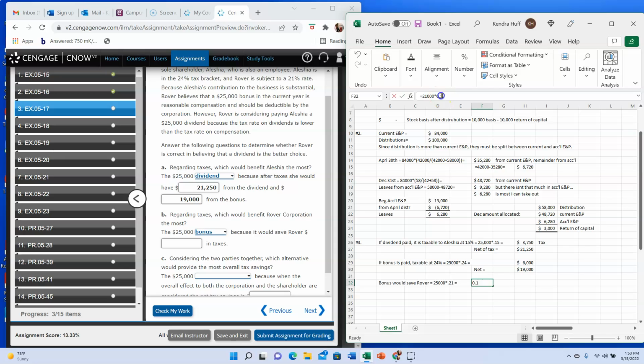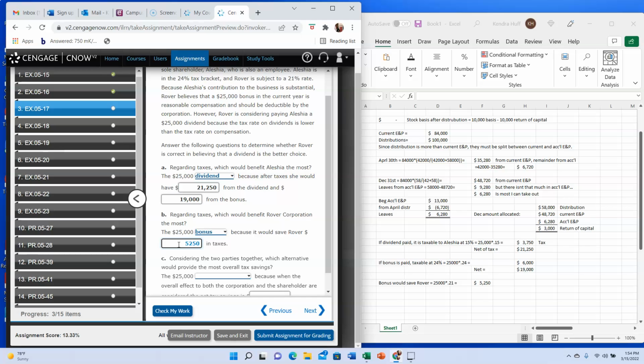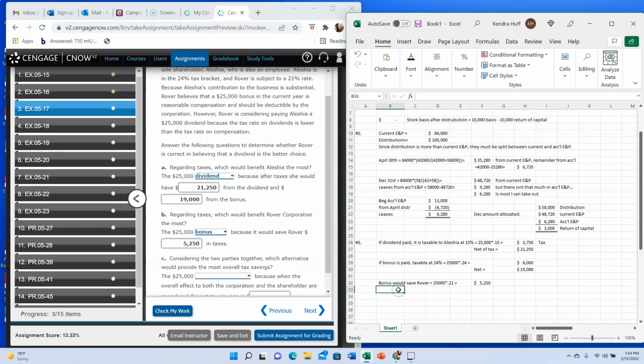Let me redo it, I put 21,000 and not 25,000. I'm so sorry. There we go. It would save Rover $5,250 in taxes, because if they pay a $25,000 dividend, that is not deductible. All right, so make note of that. Dividend is not tax deductible to Rover.